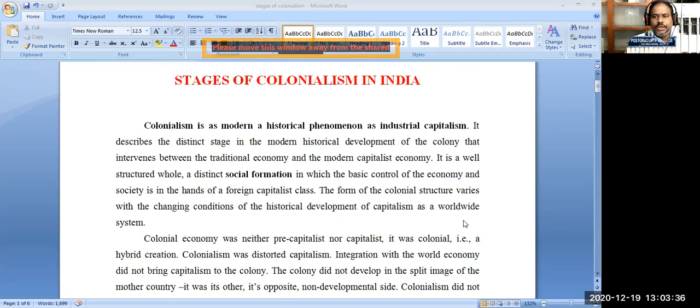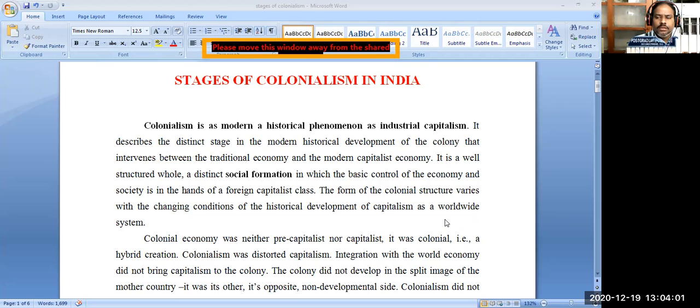Today we are going to see about the stages of colonialism, and before that, we'll see what are the things which come under colonialism. And next, we see the various stages which you find in the Indian context. Okay, so I will start my lecture on the stages of colonialism.